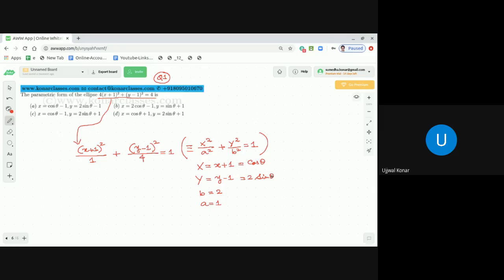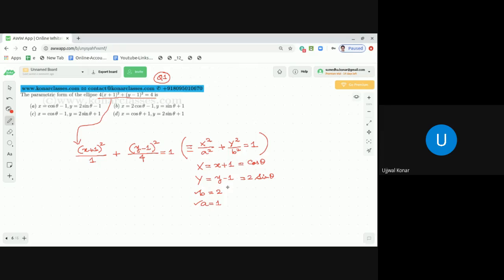That is, x + 1 is equal to a cos theta. A means what here? A is 1 here, dear students, as we found out, that's why we wrote cos theta. And y is equal to b sin theta. B is actually 2, so that is why it is 2 sin theta.